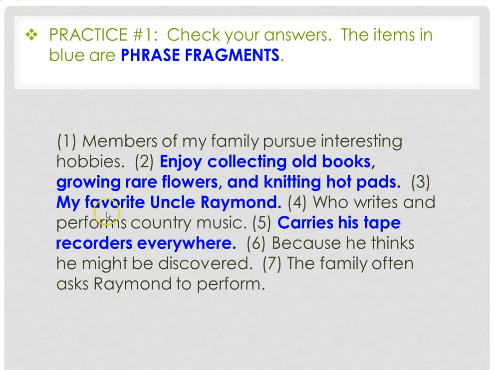For number 3, this is a phrase because you only have a subject, my favorite Uncle Raymond. You don't have a predicate. You're not saying my favorite uncle is Raymond. You're missing a verb. There's no predicate. So this is a phrase fragment. And number 5 is also a phrase fragment because it's not saying who carries his tape recorders everywhere. You're missing a subject.